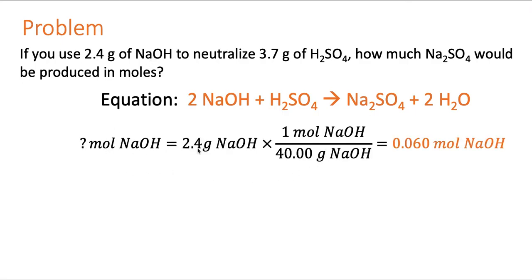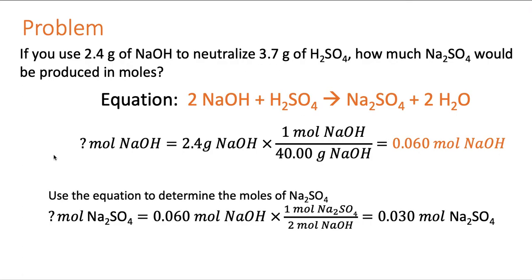We already looked at this. We figured it out in the previous slide. So 2.4 grams of NaOH divided by 40 grams per mole gives me 0.06 moles of NaOH. Now I can figure out, from these moles of NaOH, how many moles of sodium sulfate I will make.